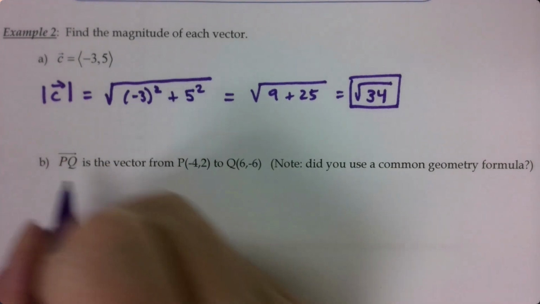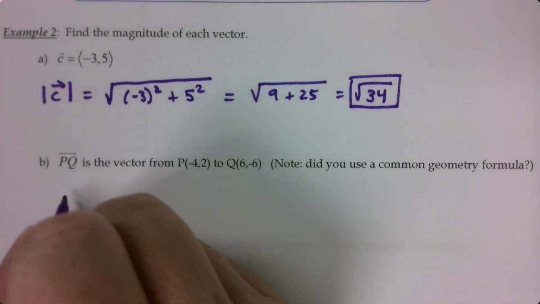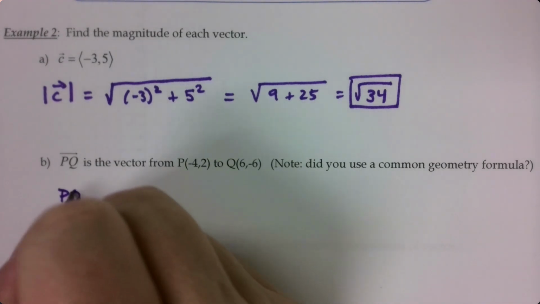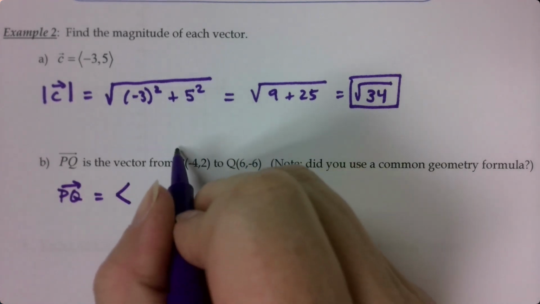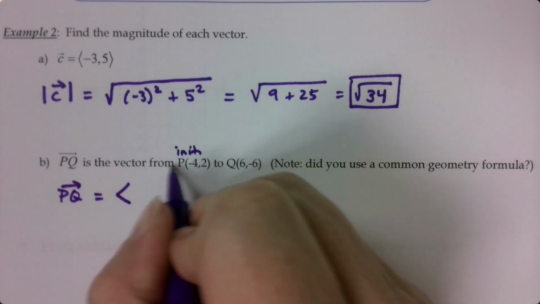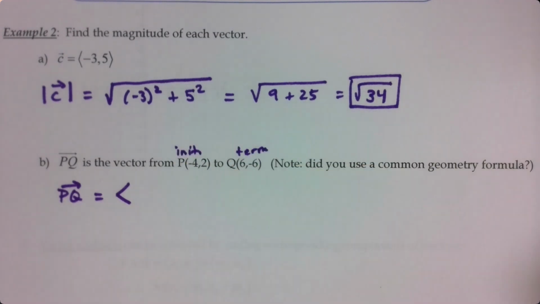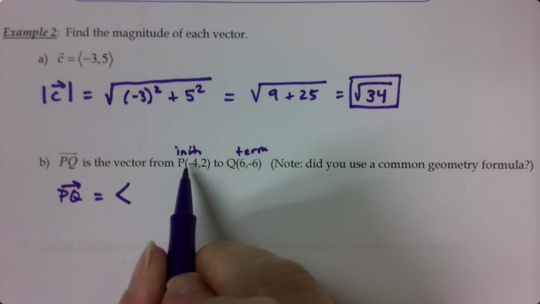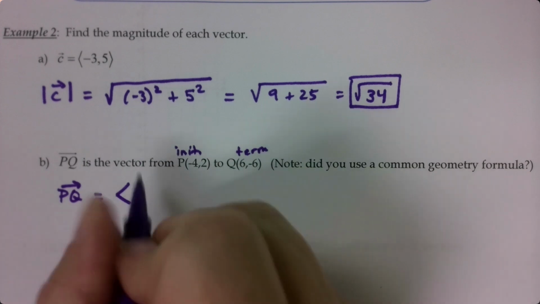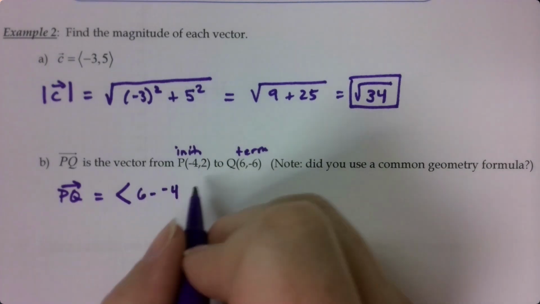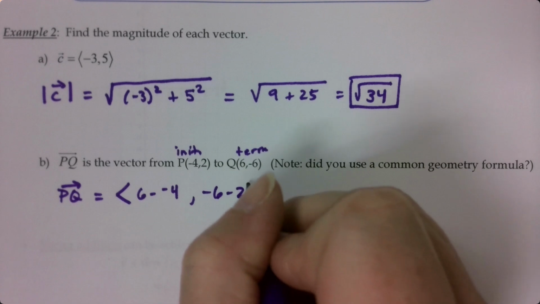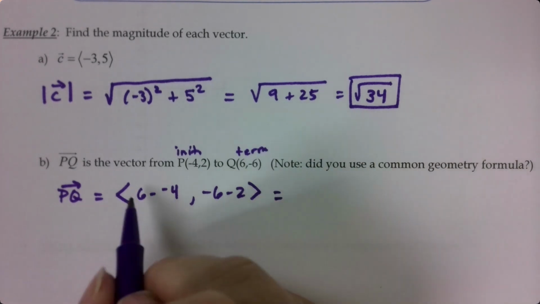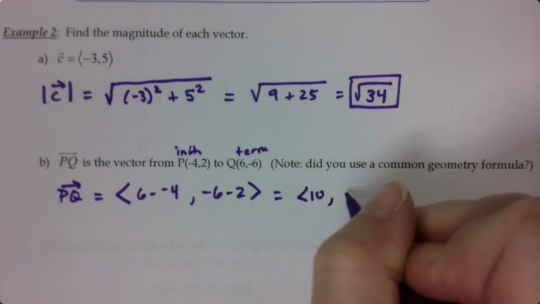That's the same way it works. So let's just make some notes here. So PQ would be, okay, so this is initial because it's from this to this. This is the terminal. So terminal minus initial. So 6 take away -4. And then -6 take away 2. So that would be 10 and -8.